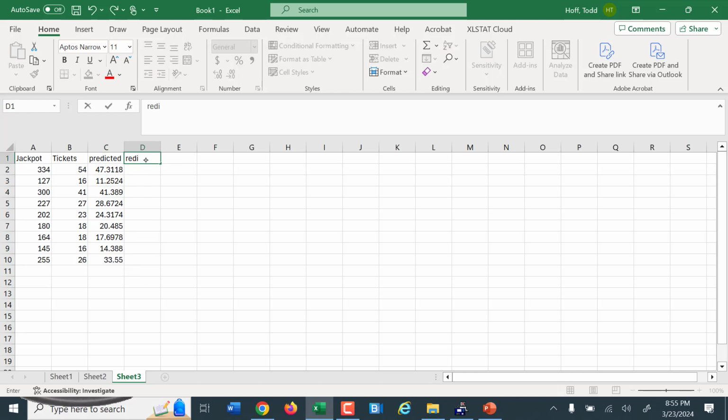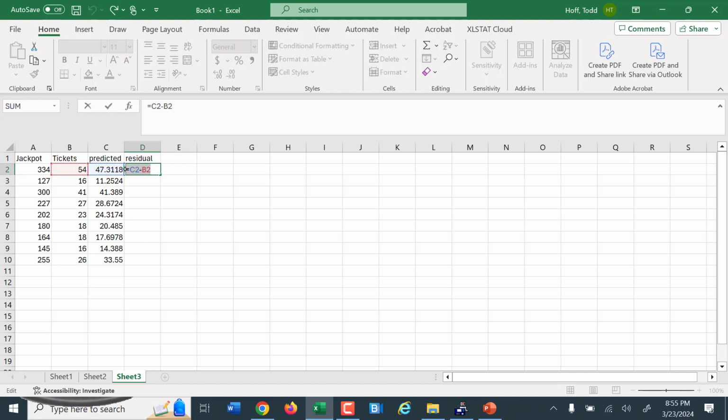So my residual is the actual value, so the ticket value, minus that value predicted by the equation. Oops, sorry, the other way around. Predicted value minus the actual value. No, let me get myself straight here.